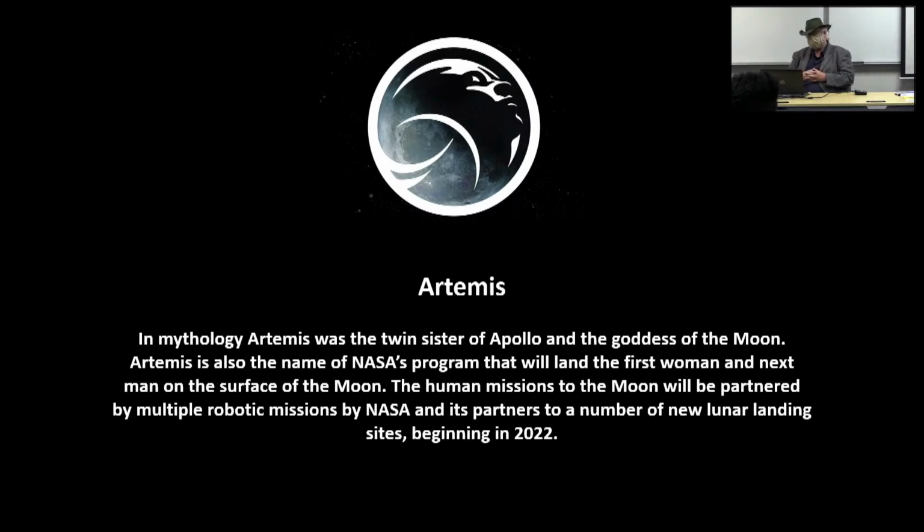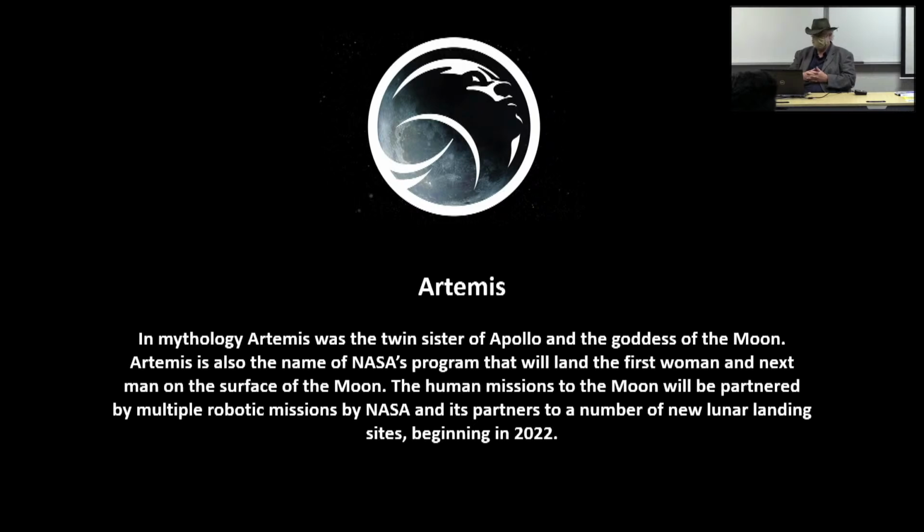So, there's a really good opportunity to put all this technology to use, because coming up here, we've got a series of missions to the moon. Between 2022 and 2025, we have scheduled 10 robotic missions to the surface of the moon.